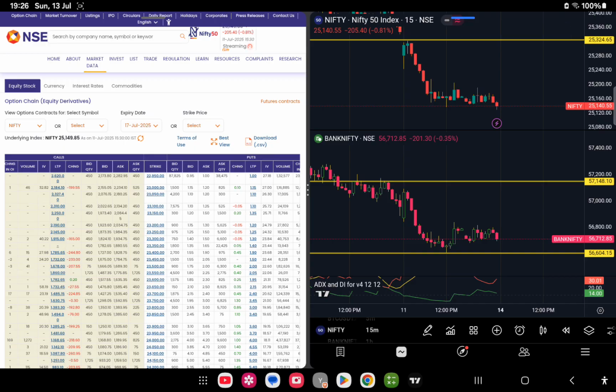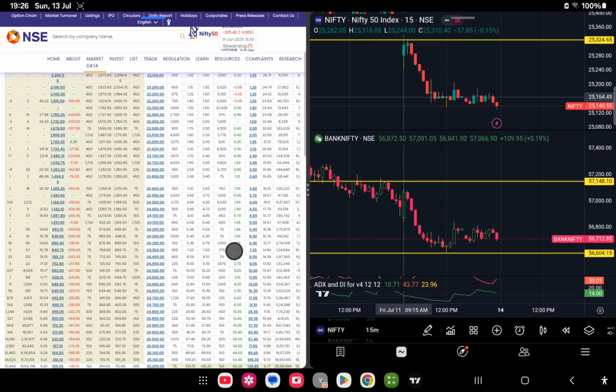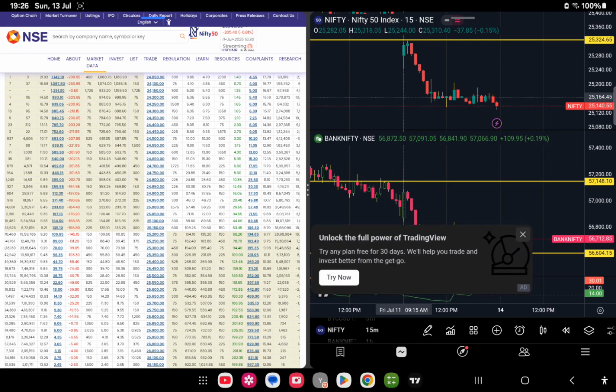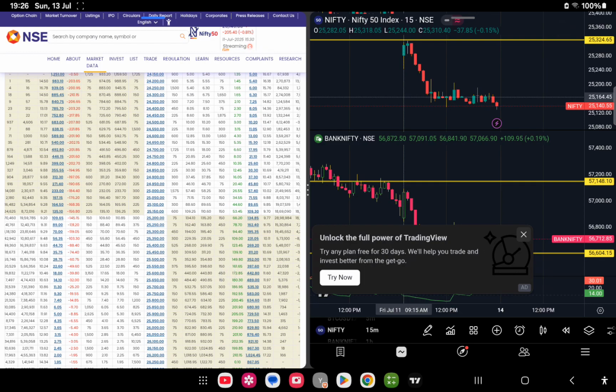Now we'll check Nifty open. Nifty open was 25,250. We'll take 25,250 as our open. This is the 17 expiry. So for the coming expiry, this is the open ATM price, and then this is the put side OTM and ITM.